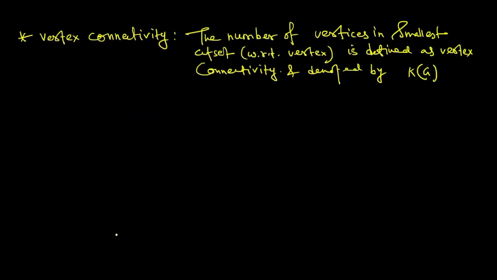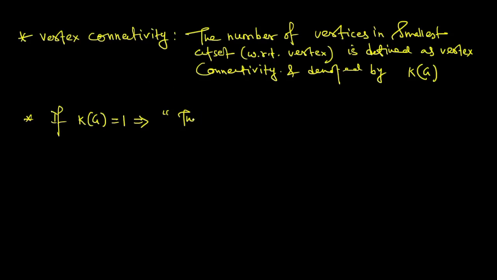Now see, if K of G, that is vertex connectivity, is 1, that implies the set will have only one vertex, okay, for which you will get a disconnected graph if you remove that particular vertex.